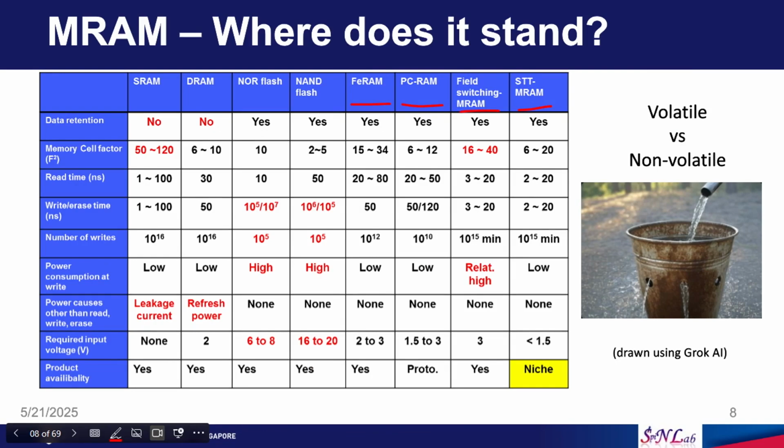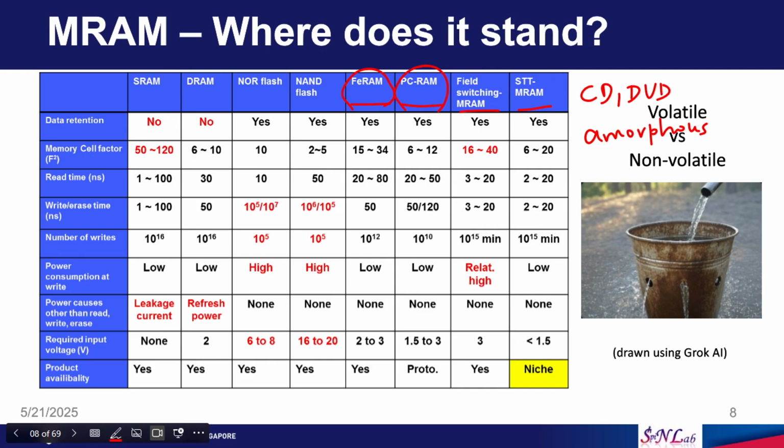Okay. So, ferroelectric random access memory uses materials like PZT, a kind of dielectric material. Phase change RAM uses the materials used in CD or DVD. Okay, so, these materials can be amorphous. When you heat them and cool them rapidly, they will become amorphous.